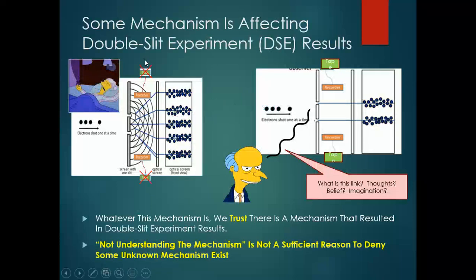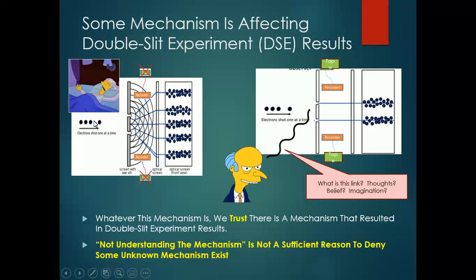Basically, the double slit experiment is a very famous physics experiment that was first conducted nearly 100 years ago. You have electron guns shooting electrons through a screen with two thin slits. The electrons pass through these slits and are then projected onto an observation screen back here.